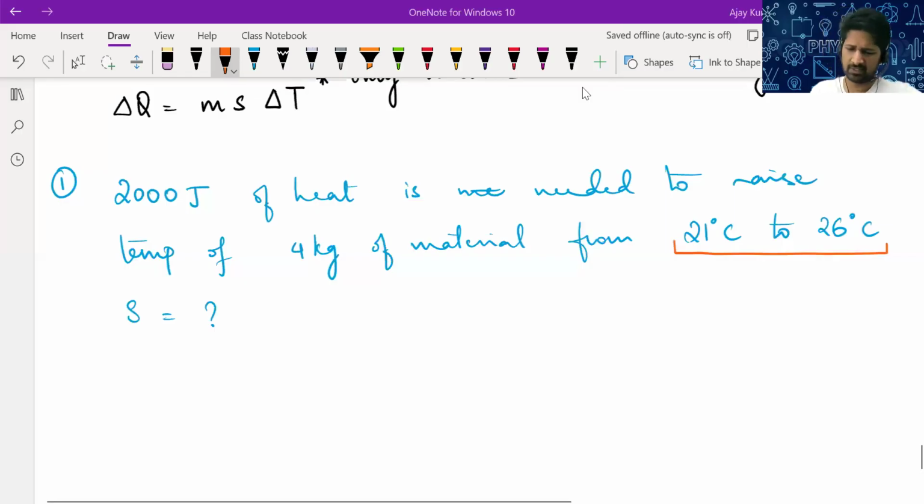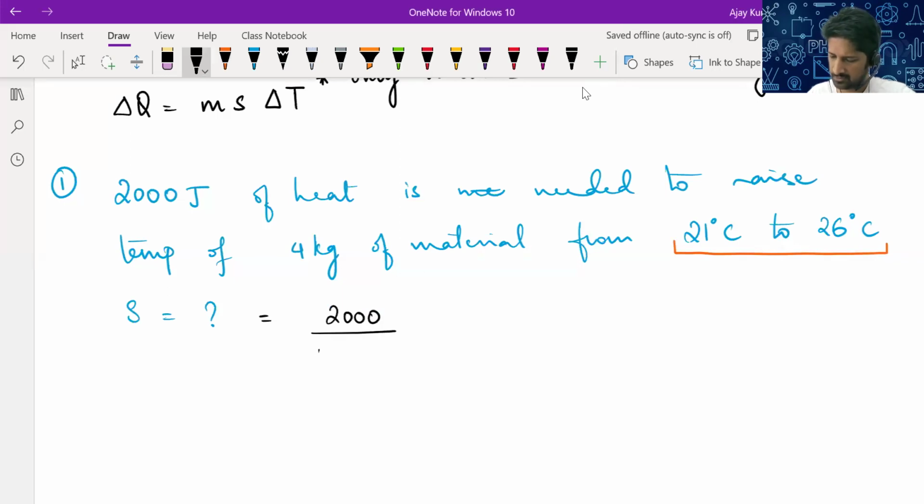This is a direct application of this formula. S is equal to delta Q by m delta T. The heat needed is 2000 joules for how much mass? 4 kg. And the temperature change 21 to 26 is 5 degrees. That's all. All the given terms are fine. Temperature is not in SI units, but 21 to 26 degrees C is a change in temperature of 5 Celsius degrees, and it is same as 5 Kelvin.